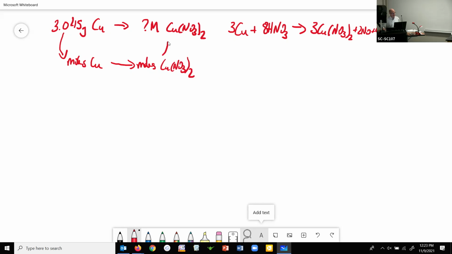Then we use the concept of molarity to get back to a concentration. So we have to get into moles, between moles, out of moles. Will we use 3 moles? Yeah, it's essentially a 1-to-1 relationship. Every copper gets us 1 copper nitrate. If you want to use 3 to 3, that's perfectly okay, but you're going to get the same answer.